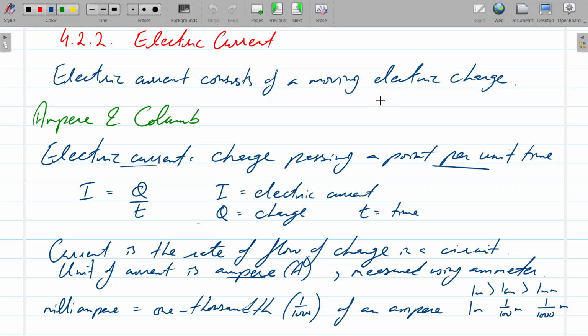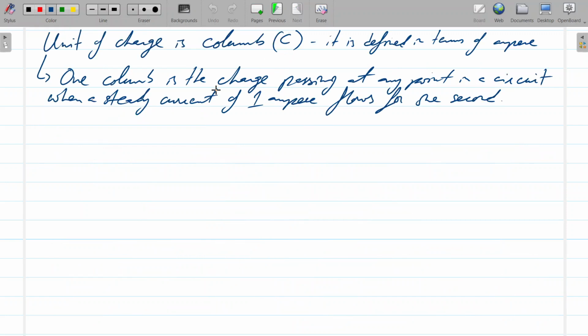I and T. I into T. Okay, so if we rearrange the equation we have for current, then we get Q equals I multiplied by T, right?